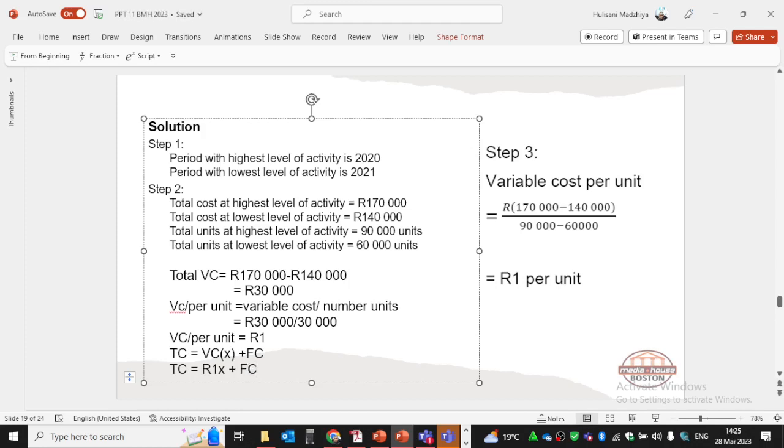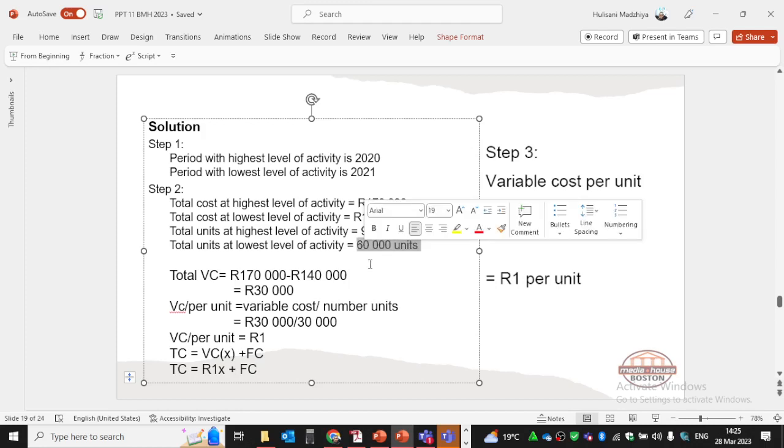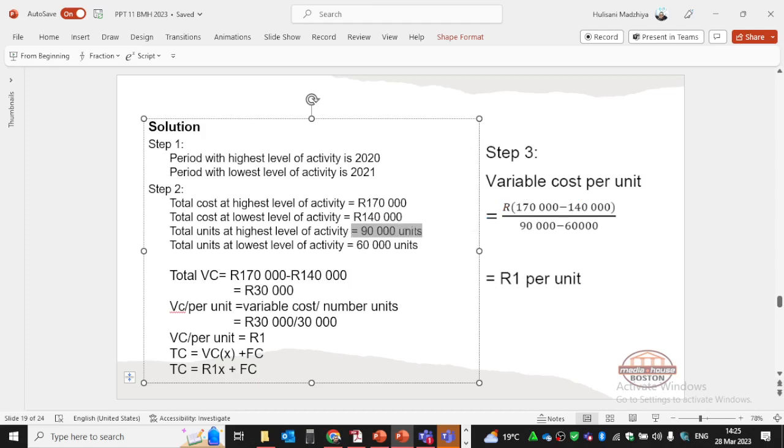From this point forward, since we already know our variable cost per unit, based on the information that we pinpointed, where we have the lowest activity being 60,000 and the highest being 90,000.